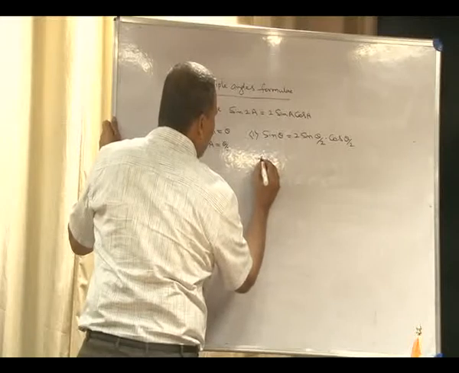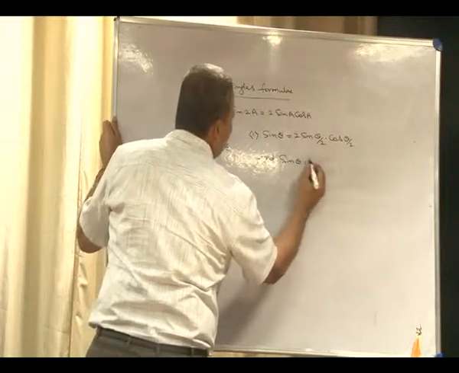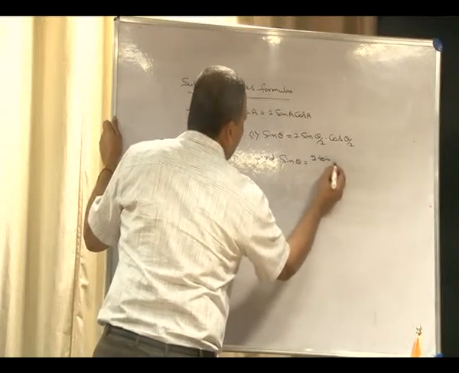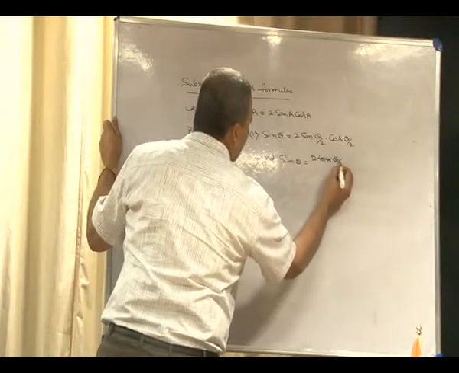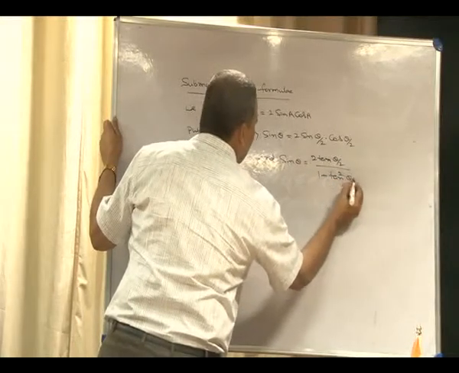In terms of tan, sin theta is equal to 2 tan theta by 2 by 1 plus tan square theta by 2.